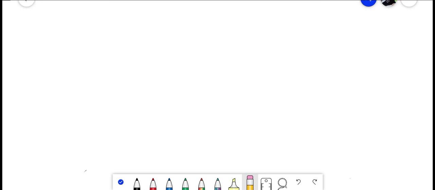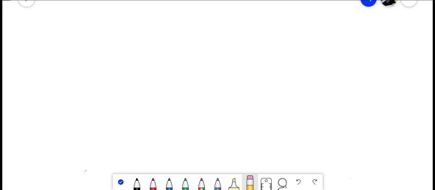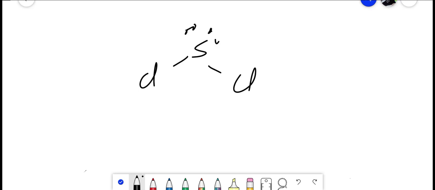And the next one is SCl2. S is in the sulfur family, just like oxygen. So SCl2, this is S, this is Cl, and this is Cl. This is angular or V-shaped.